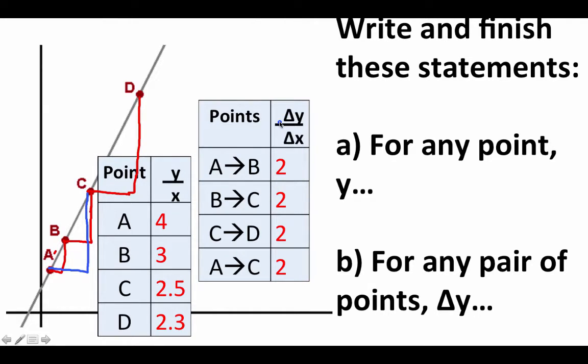I'm going to actually erase something right here. We don't want to use the delta right now, we want to use D. The ratio is always 2. The change in y is always twice the change in x for each one of these situations.